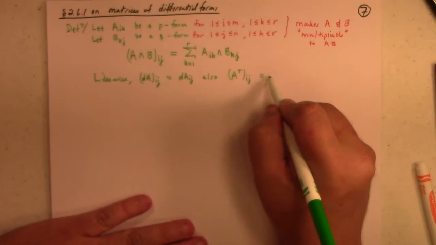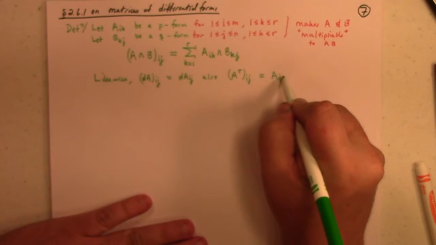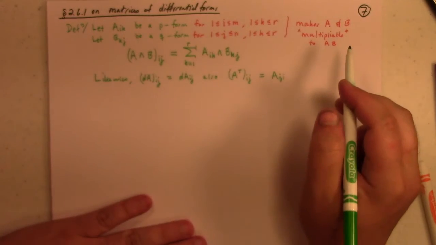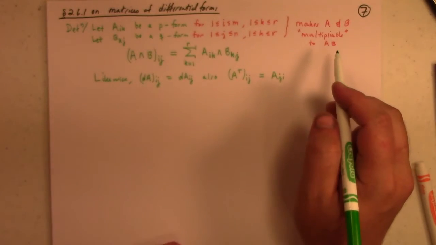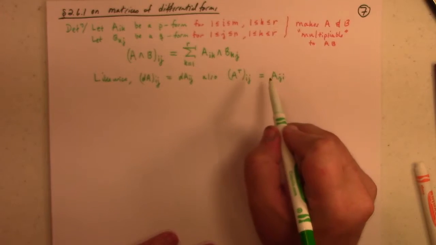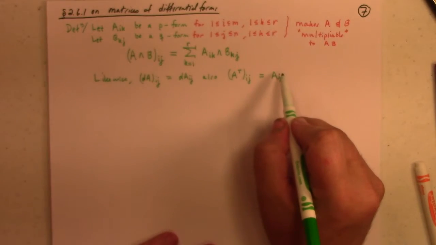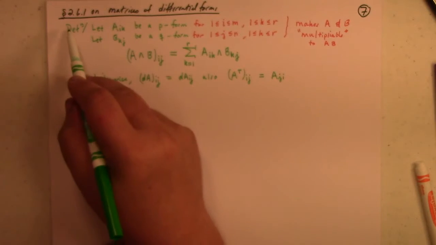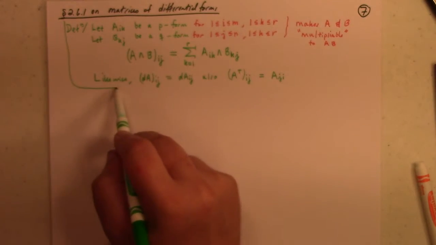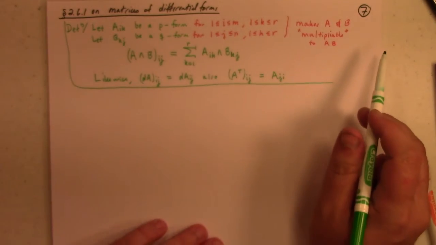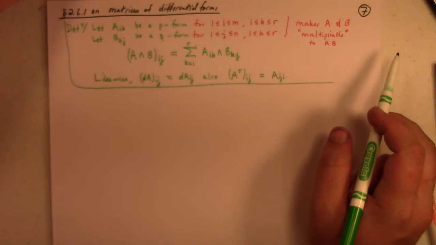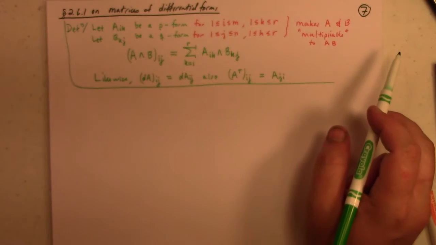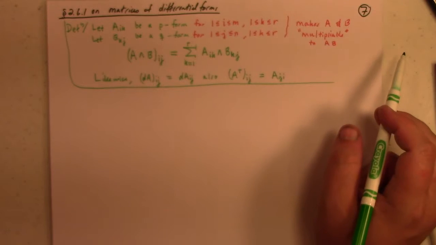The ij component would just be equal to Aji, so we can also do transpose. This is an M by N matrix of P forms. This is an N by M matrix of P forms. So there's your definitions.